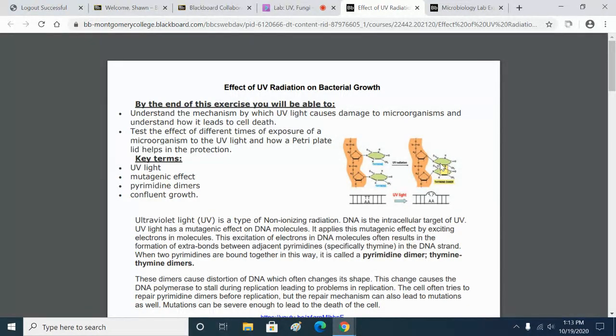So is there a way for cells to correct the problem? Yeah, can't they cut it out somehow?